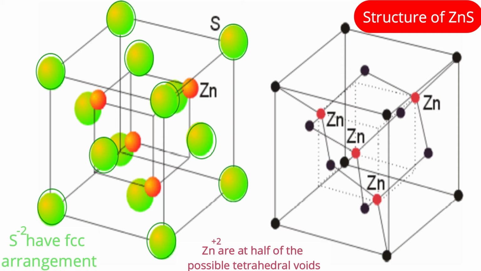Meaning they are finding a spacious arrangement. They are not crowding. If you find only the zinc ions, those 4 zinc ions are arranged in a tetrahedral way. Now pay attention only to the red ions. Those are at half of the corners of the inside cube. If you see the upper face of the inside cube, then 2 zinc ions are arranged diagonally.